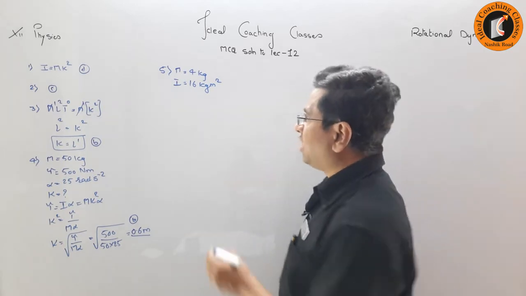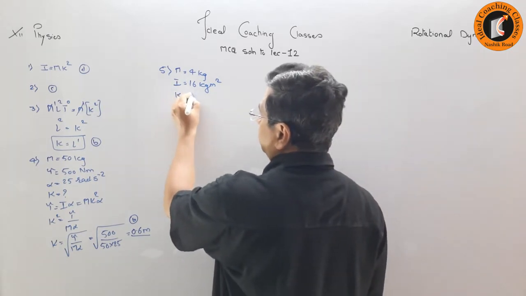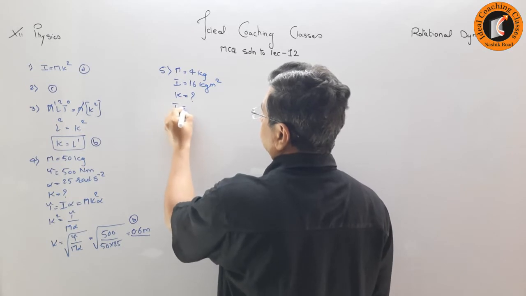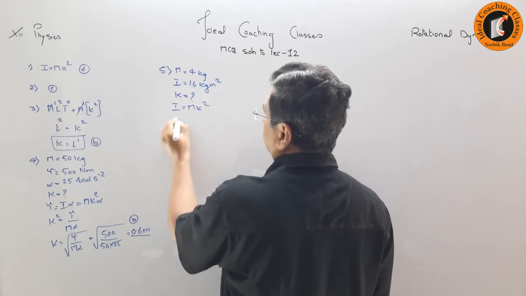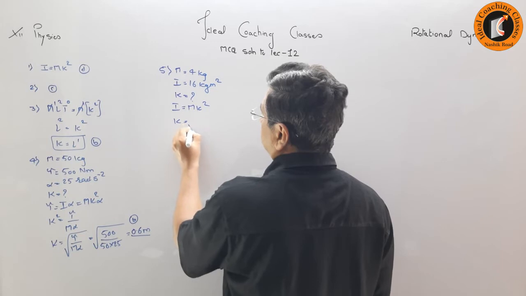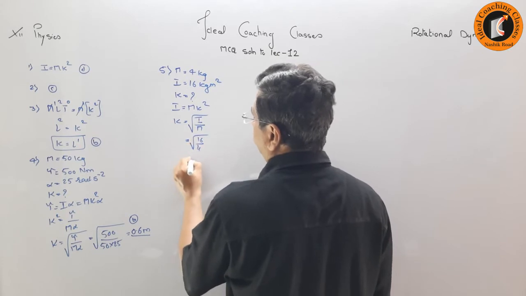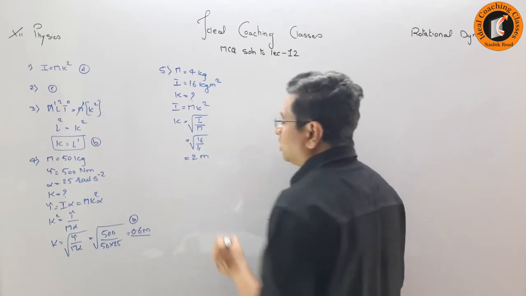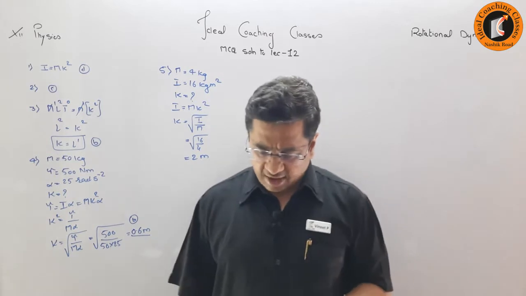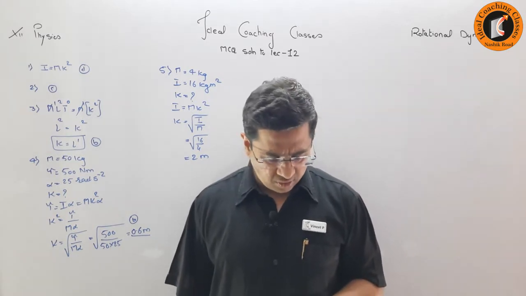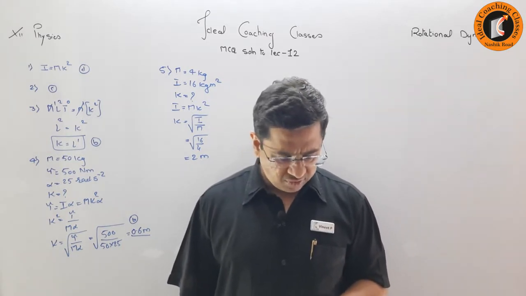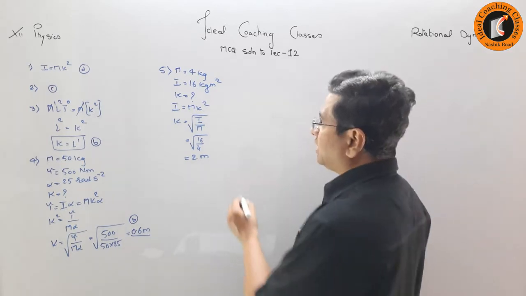What is the radius of gyration? How much is the value of k? So I is equal to mk square, k is equal to the square root of I upon m, that is the square root of 16 upon 4, that is 2 meter, is the radius of gyration. Therefore the answer of the fifth question is B, second option.